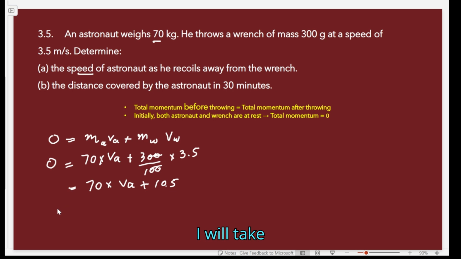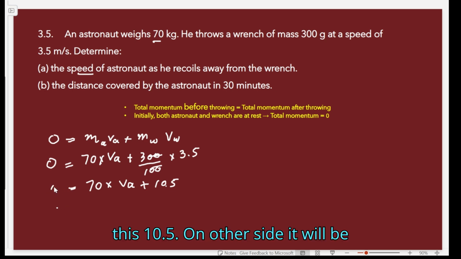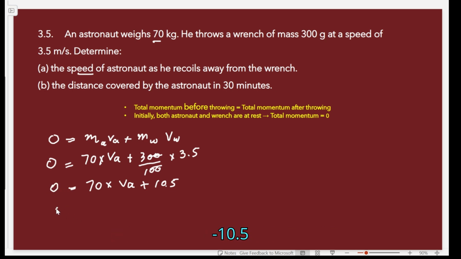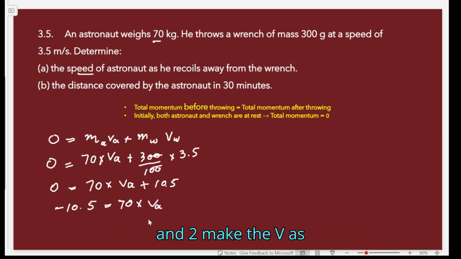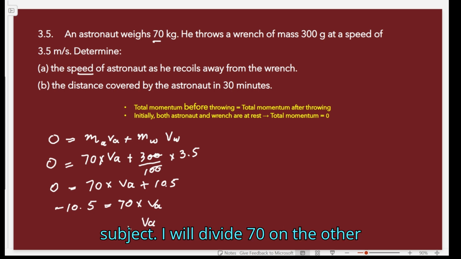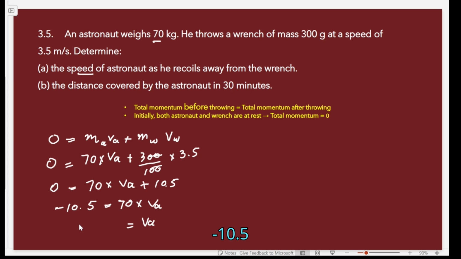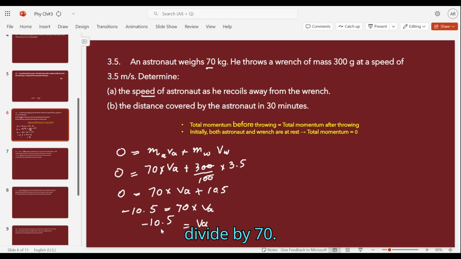I will take this 10.5 to the other side, it will be negative 10.5, and that is equal to 70 multiplied by va, which is the velocity of the astronaut. To make va the subject, I will divide by 70 on the other side. So negative 10.5 divided by 70.